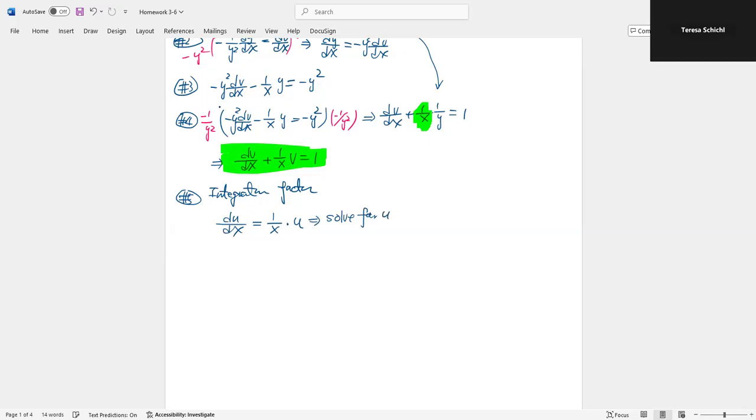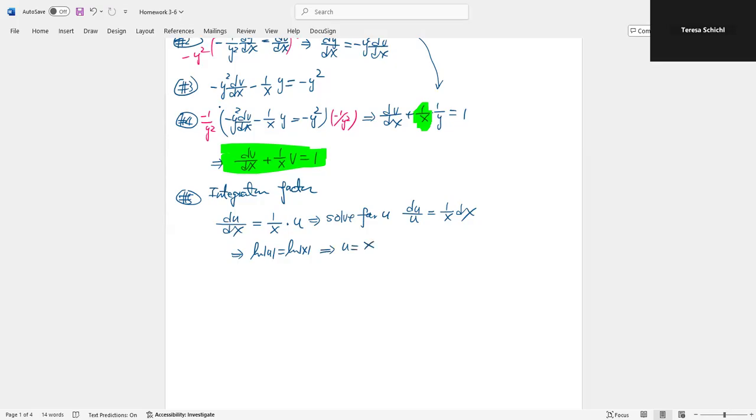Then I do the variable separation. I put all the u on one side. So it's du over u is equal to 1 over x dx here. So now I have ln u equal to ln x. So I can conclude that u equals x.